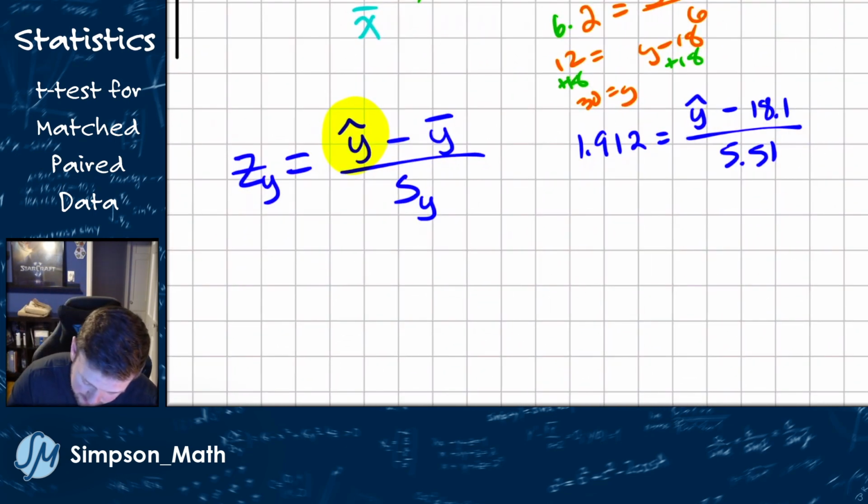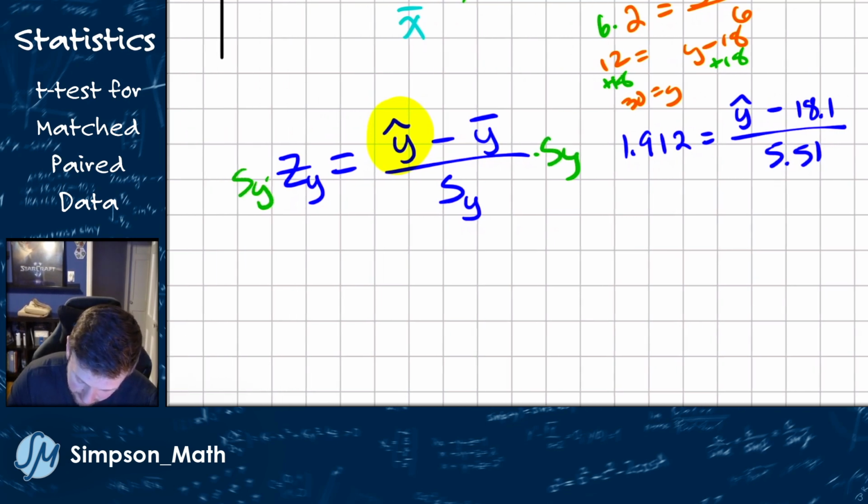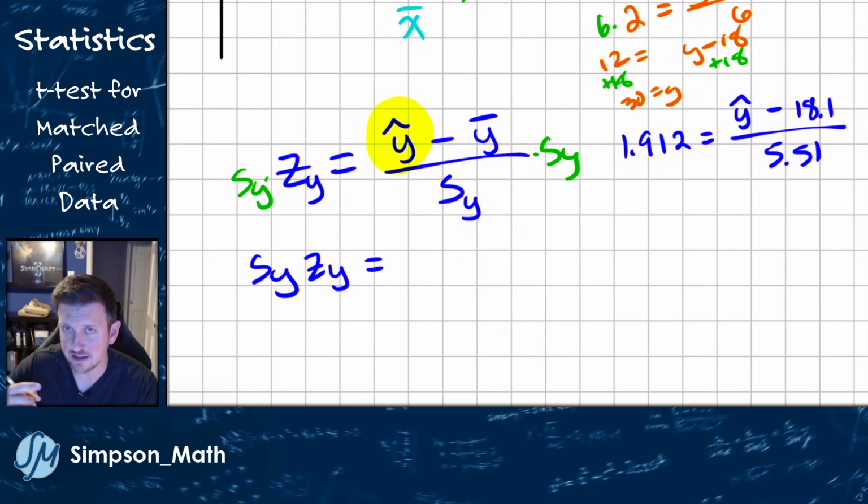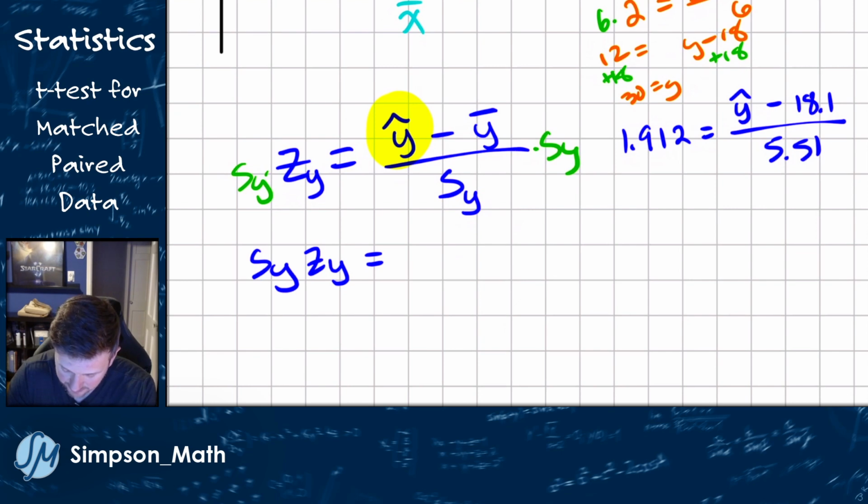All right, so I'm going to multiply both sides by the standard deviation of y. Notice in our work, we now have a standard deviation of y times the z-score for y, because the z-scores are the number of standard deviations, the values above or below the mean. And then now I'm going to add my y bar, because I'm going to get the y hat by itself.